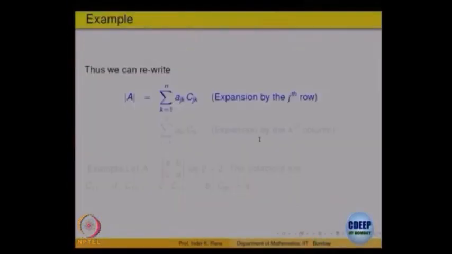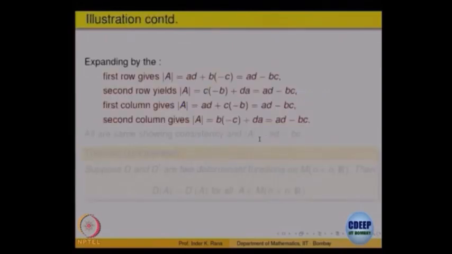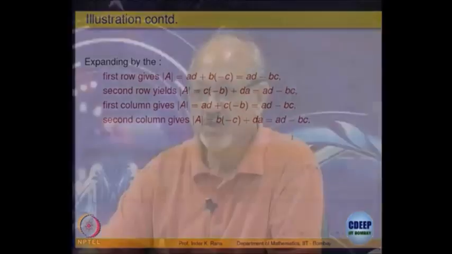Okay. So, expansion by rows and columns, I think you already know the example. And you can verify that for 2 by 2, whether you expand by any row or any column, you will always get the same number. That essentially is not magic, it is happening because expansion by rows or columns is a unique definition, it gives the same property.